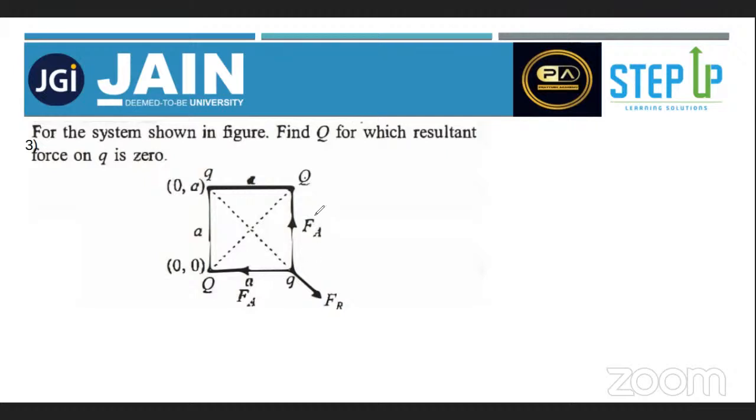So if I find the resultant of these two, it will come in this direction, right? The angle between them is 90 degrees. So using vectors, I can find this. If I'm trying to find the vector sum of these two FA, I write FA square plus FA square plus 2 times FA into FA cos 90 degrees.